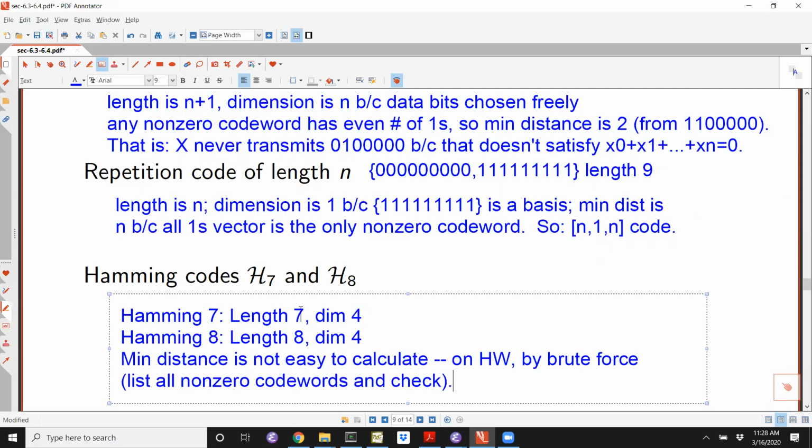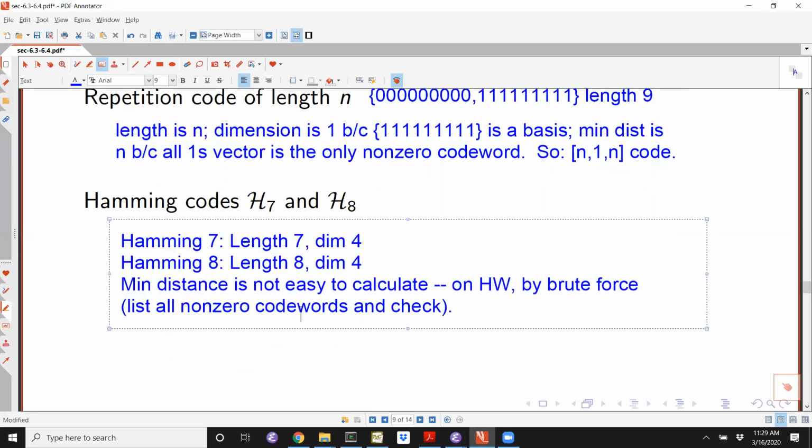It's maybe mildly tedious, but it's not that bad. I had a student express skepticism. He was a very good student, actually. He said, well, there must be an easier way to do it. And then he looked it up, and it turns out that calculating the minimum distance of a binary linear code is what they call an NP-hard problem.